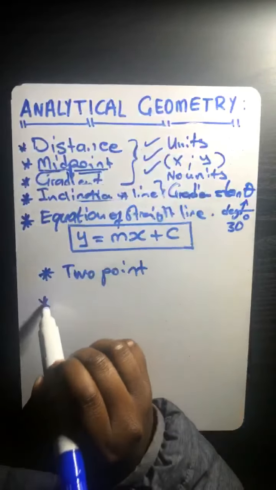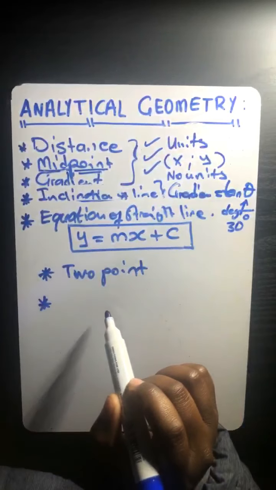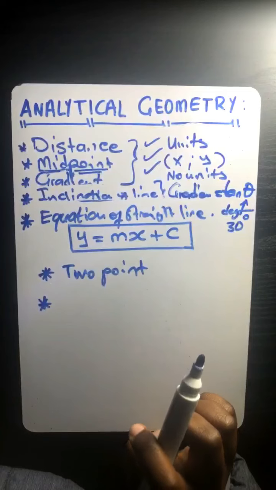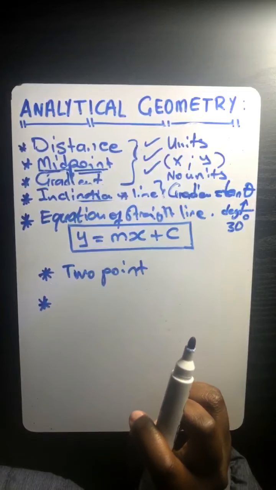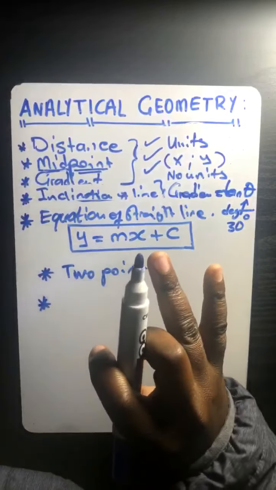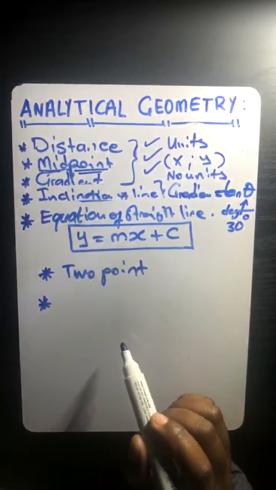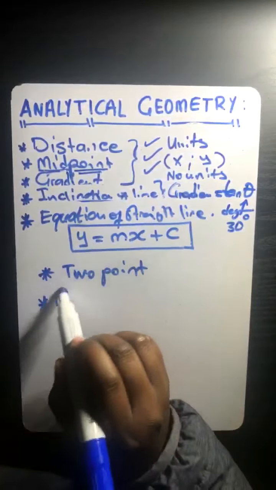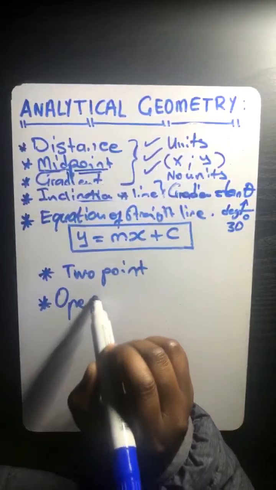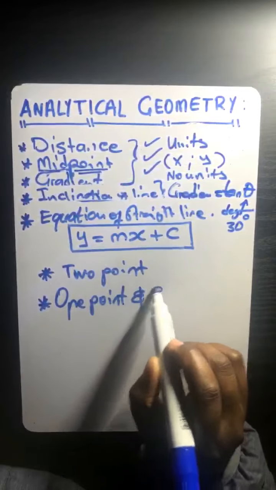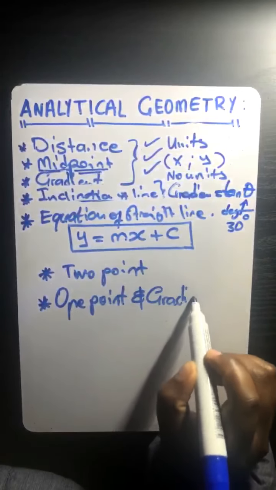Still, it is two things that you need. So this is a game of two things. You just need to be aware of what those things are. Is it 2 points that I need, or is it a point and whatever? If they give you 1 point, they must also give you the gradient.